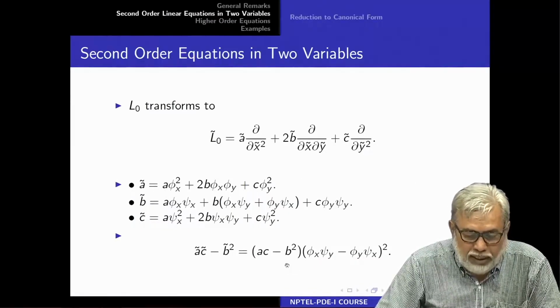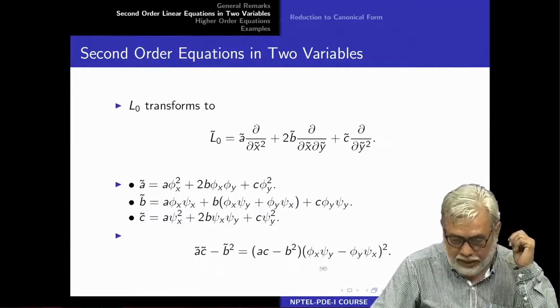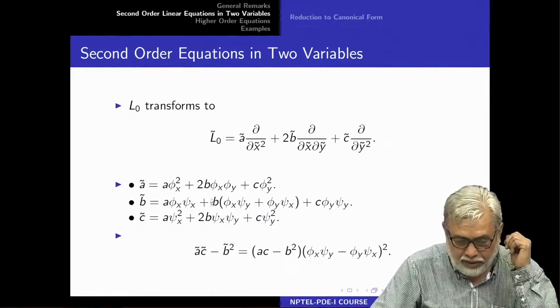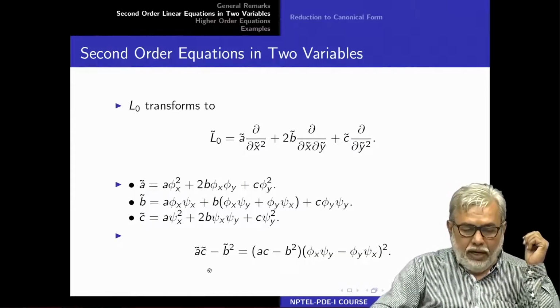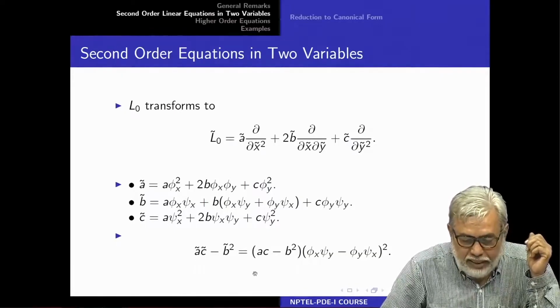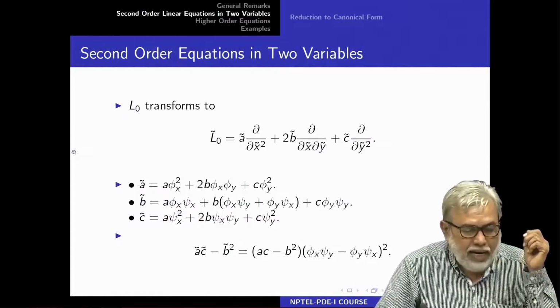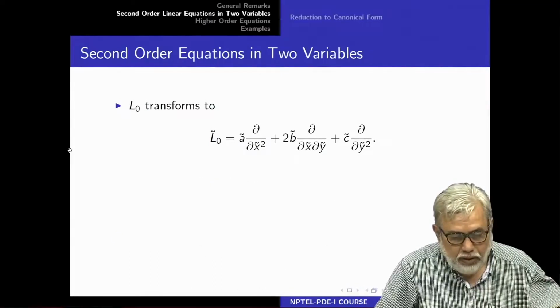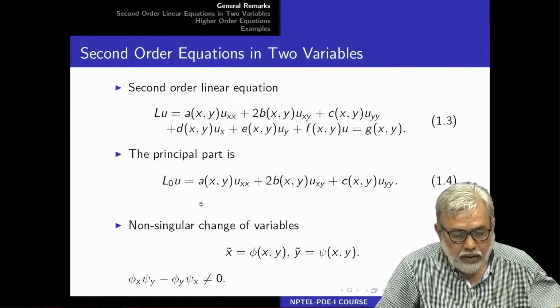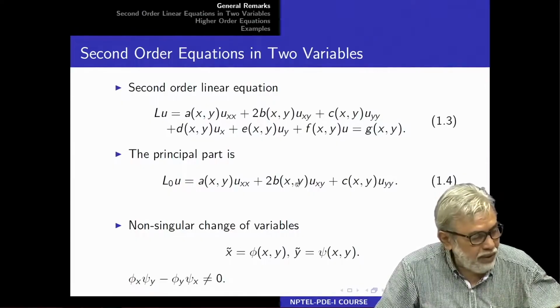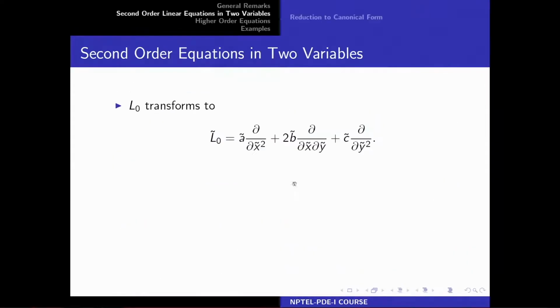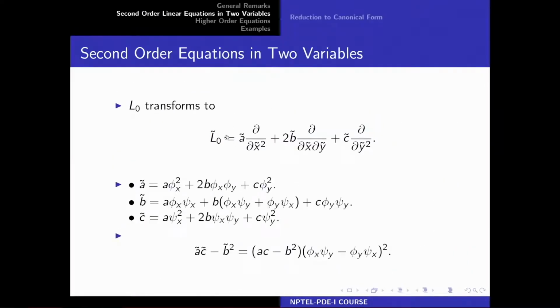So, what it shows, and this computation requires some algebra, is that the discriminant has the same sign that L had. So, AC minus B square, and the L0 tilde also has the same sign.